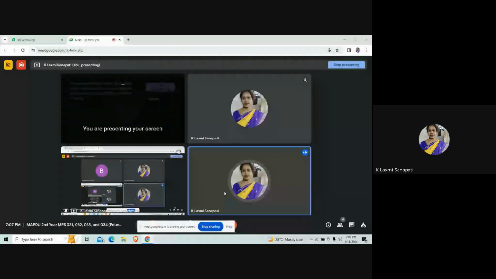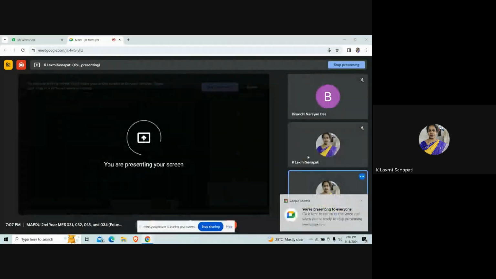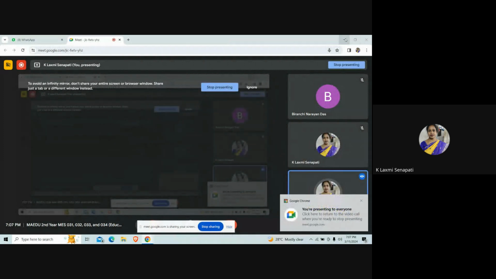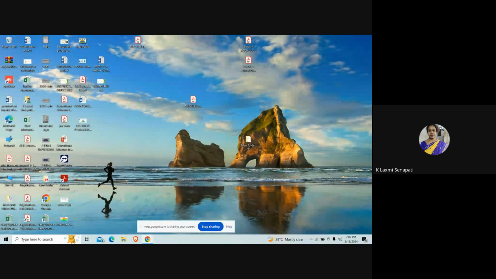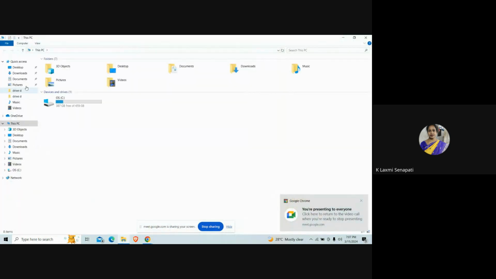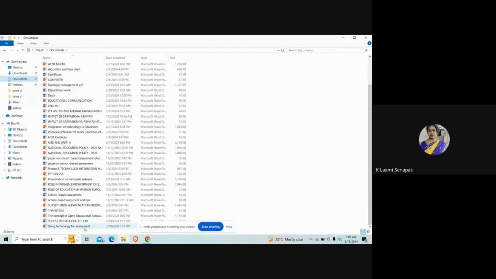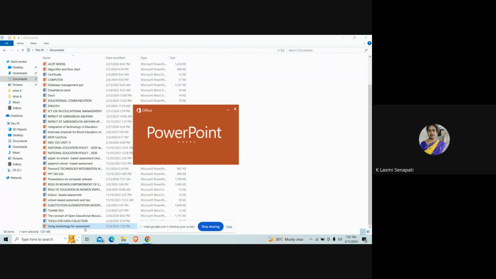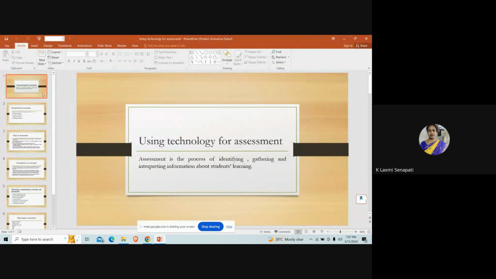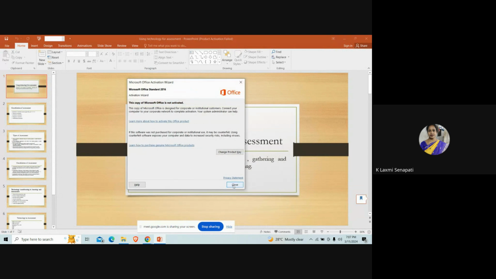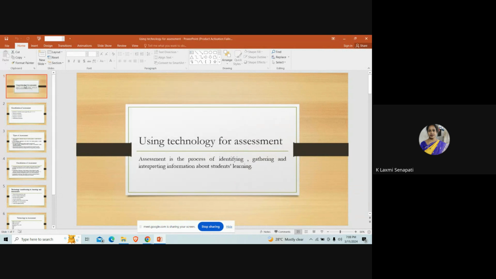Here we will see how this assessment process will be helpful for the students in the teaching learning process, and in what way we are able to assess our students. Is it visible? Yes, madam, visible.